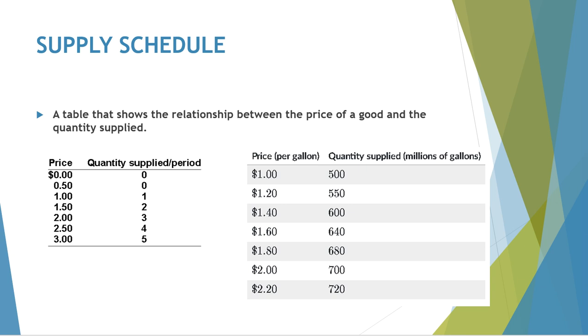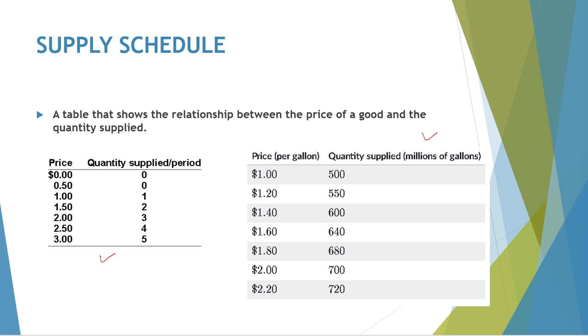So what is supply schedule? Supply schedule is the table that shows the relationship between price of a good and the quantity supplied. So ini adalah satu contoh supply schedule, and this is another example of a supply schedule, for oil.